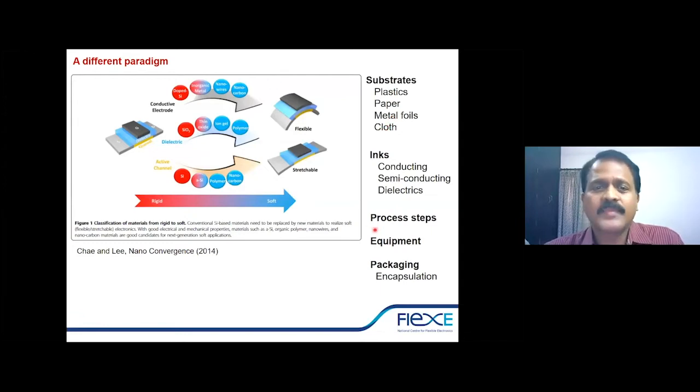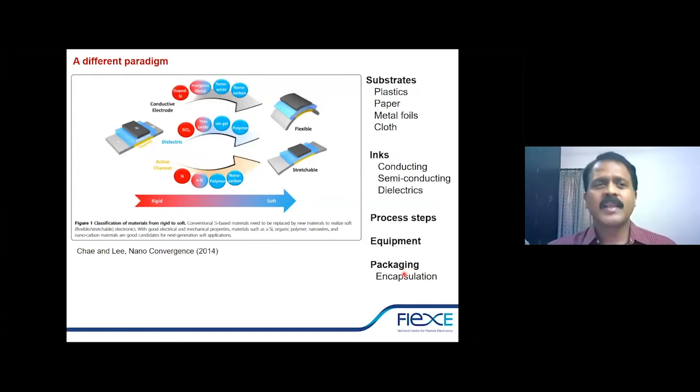And again, as we saw earlier, the process steps are different. A lot of process optimization and process development needs to happen. And these have different primary equipment and ancillary equipment. Encapsulation and packaging are also different from those used for conventional electronics.